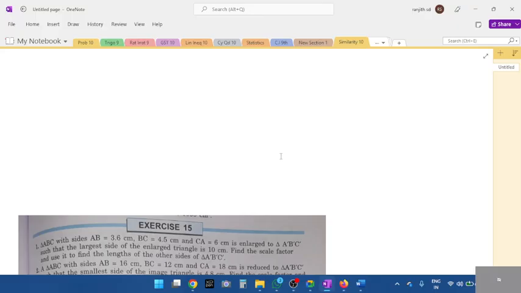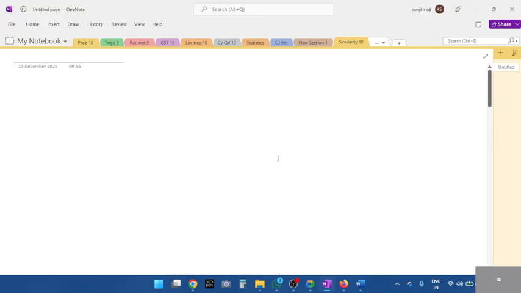Then related to model, map, and images. Similarity of a size transformation.